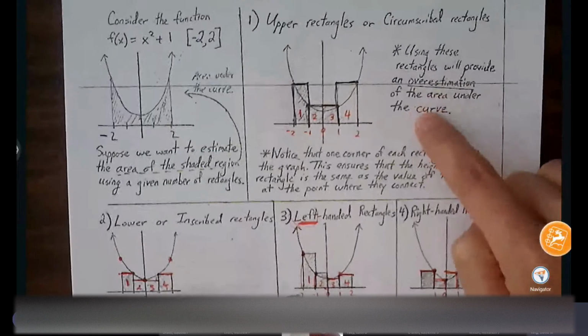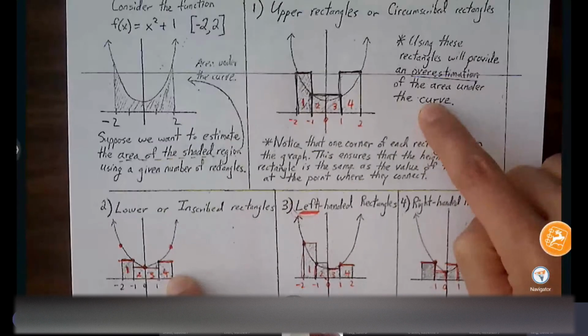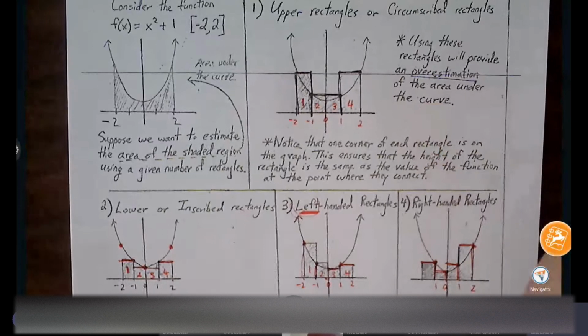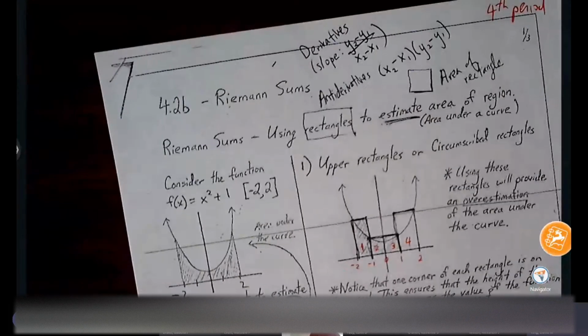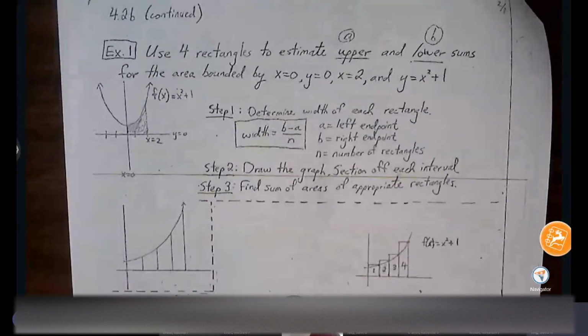All right, so second page, we're going to practice finding upper sum and lower sum for these graphs. All right, so example 1.